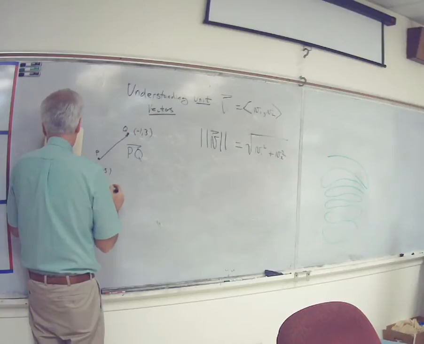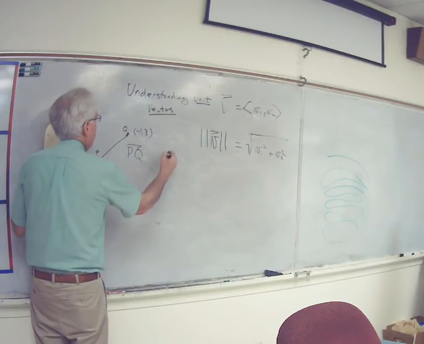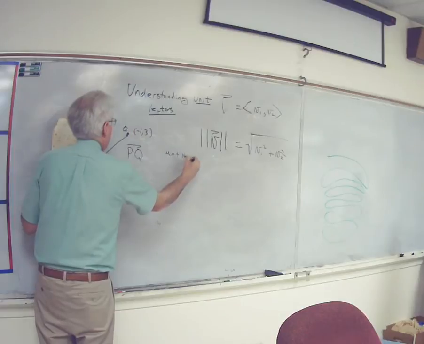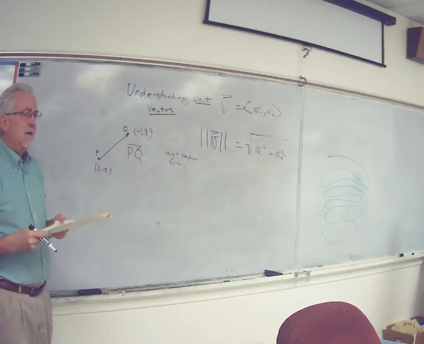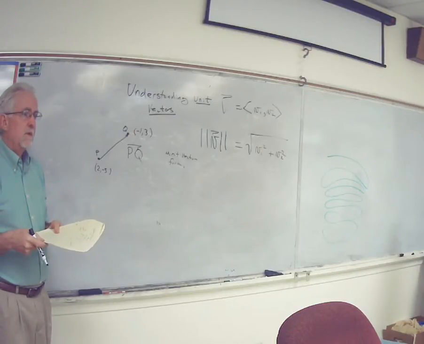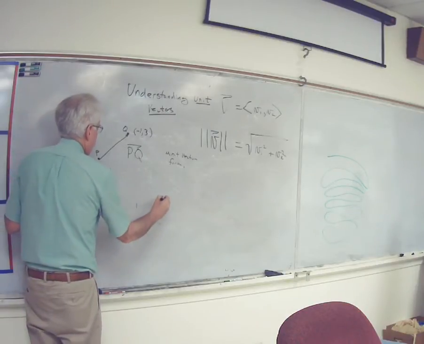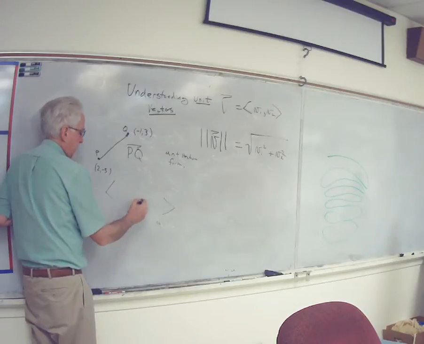The first thing we want to do is get this into unit vector form. First I need to get it into component form. So tell me how I would do component form. Don't tell me numbers, tell me what this would be.